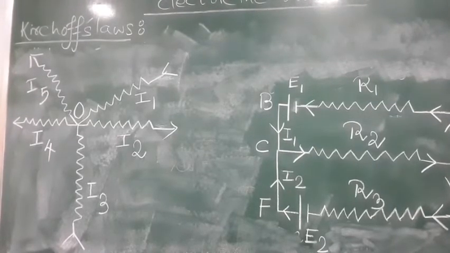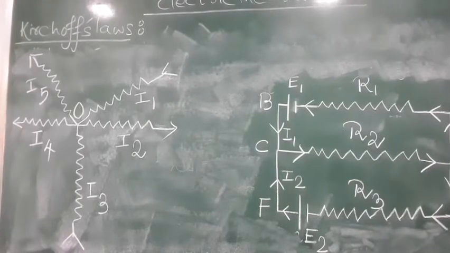Now consider the following sign convention. The current flowing in conductor towards junction is taken as positive, and the current flowing away from the junction is taken as negative. So students, if you see the figure carefully, you will see that I1 and I3, these two currents are entering the circuit.